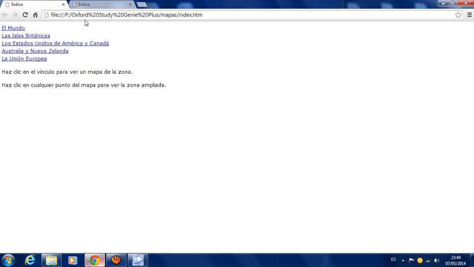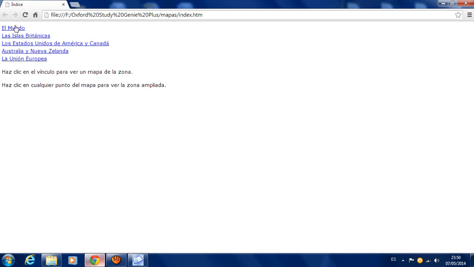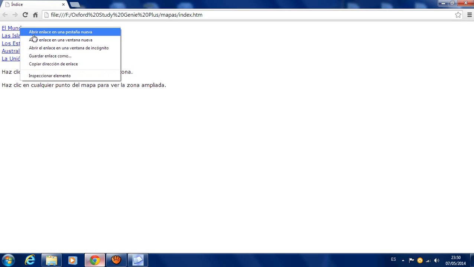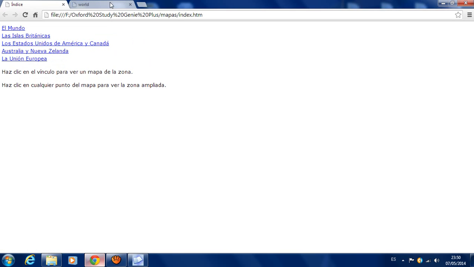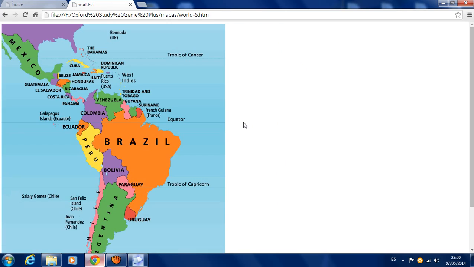So you probably need an internet connection. So you have the world, the British Isles, the United States of America, Canada, Australia, New Zealand, and the European Union. Let's take a look at the world. By the way, oh, how bizarre, how weird that we don't have the Latin American map. Okay, well, in the world map we do have it.